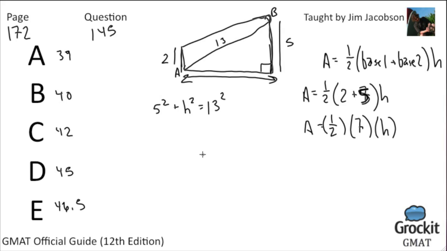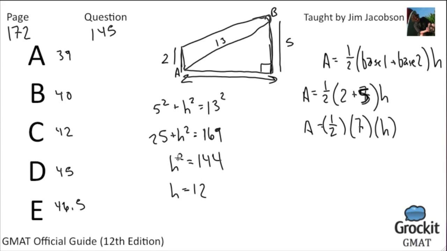It does help to be familiar with your square roots and your squares of numbers up through 15. So this is 25 plus h squared equals 169. Subtract 25 from both sides. H squared equals 144. We recognize that immediately as the square of 12. So h equals 12. Yes, h could have been a negative number.